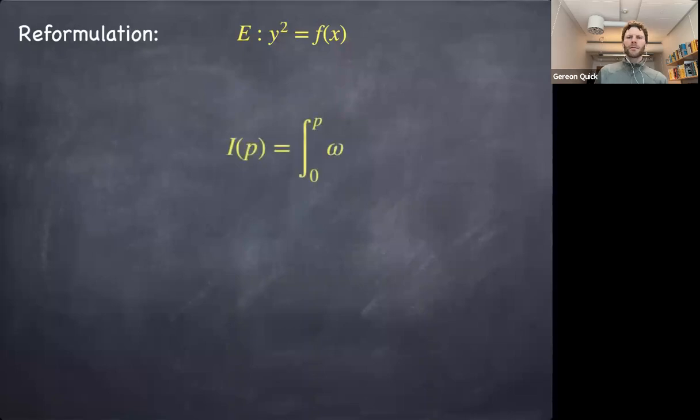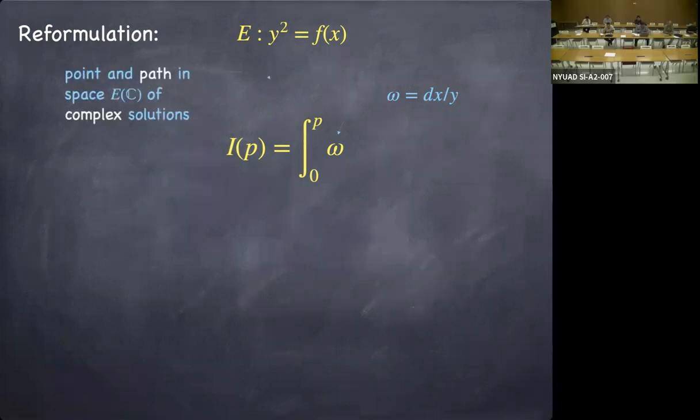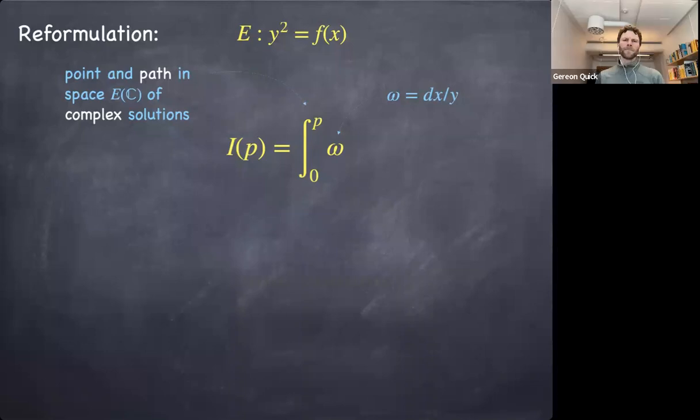And then we would like to compute the integral over some differential, where we use our variables x and y, and we write omega for dx divided by y. And then we also pick a point P and a path in the space of complex solutions of this equation E.